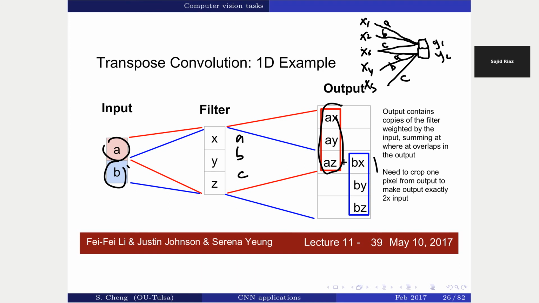Now, if I go back in the other direction, the connection between these two is symmetric. So going back to this one here, x1 is equal to y1 times A, and x2 is equal to y1 times B, and x3 is equal to y1 times C plus y2 times A, and so on.